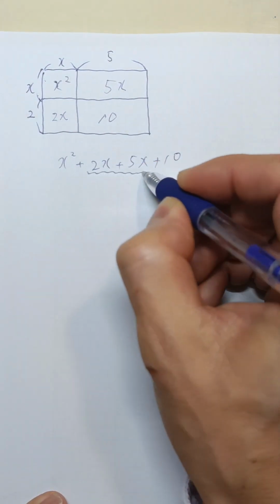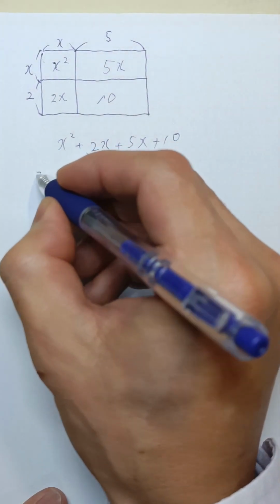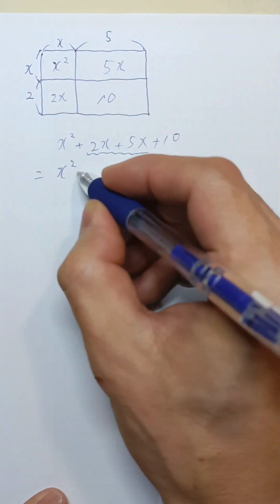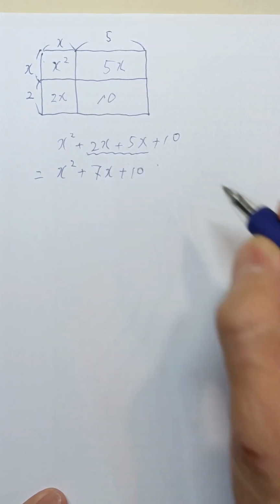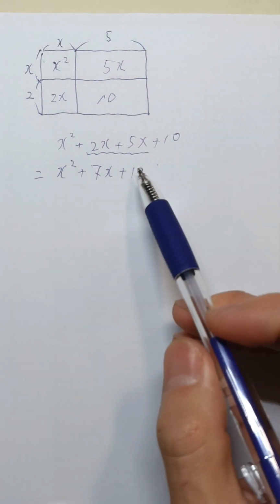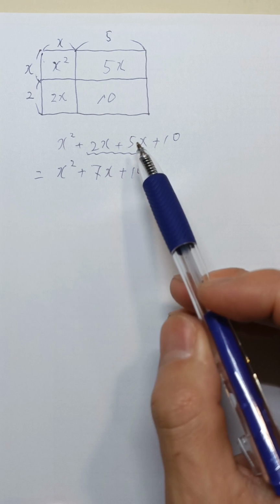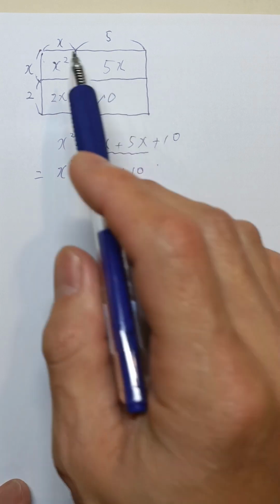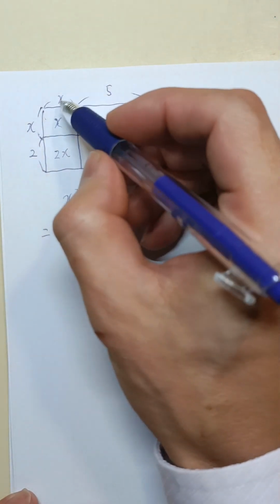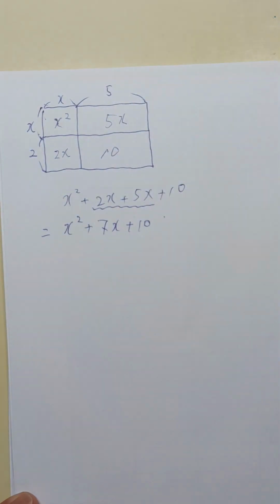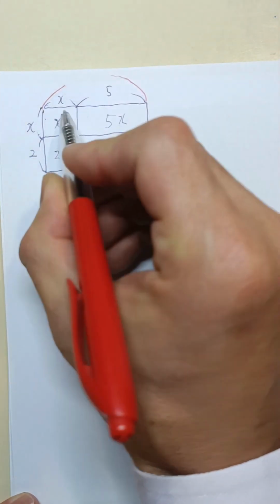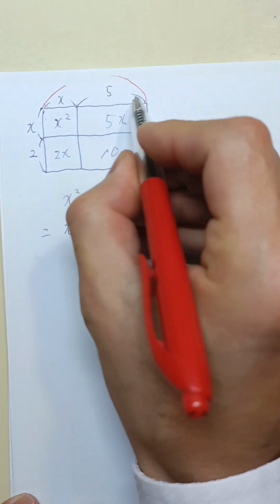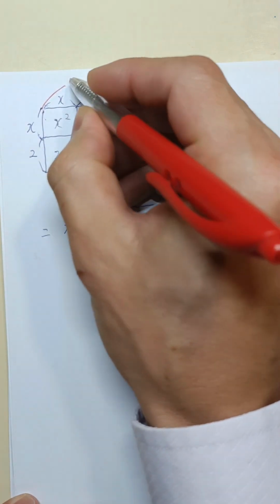Then this part, 2x plus 5x, can simplify to 7x, right? Then this one, if you look at this length in this way, from here to here is x, and then 5 from here to here, so x plus 5.